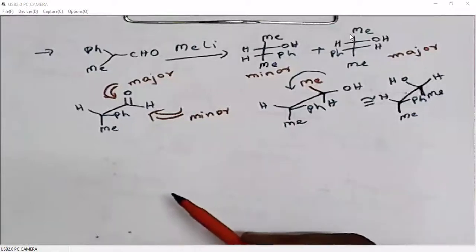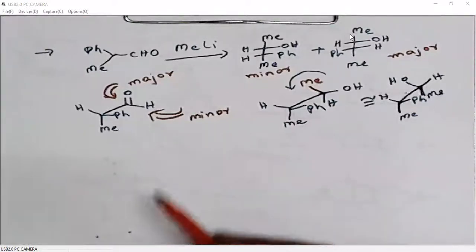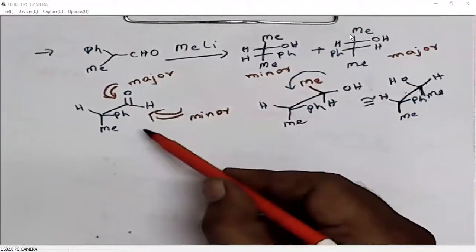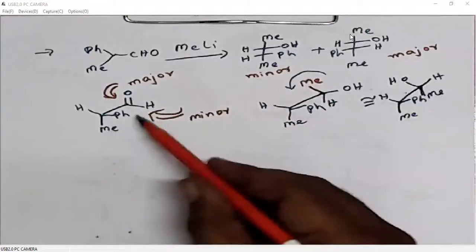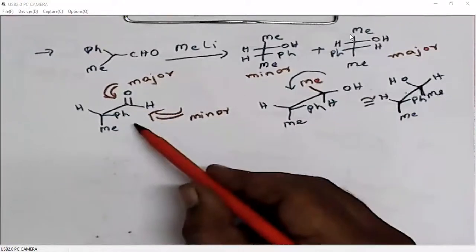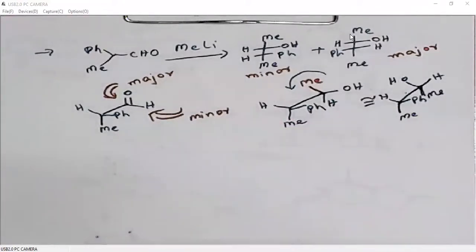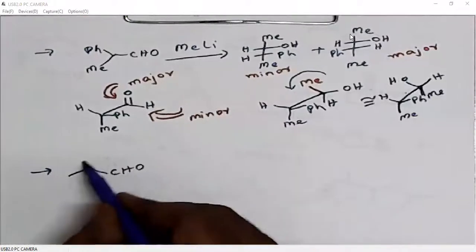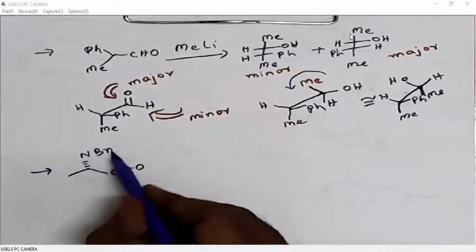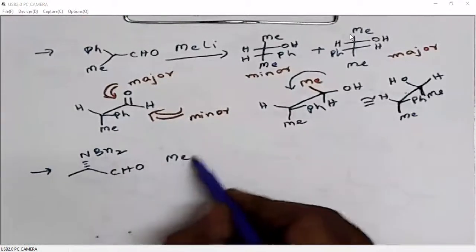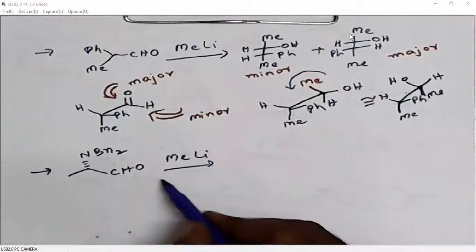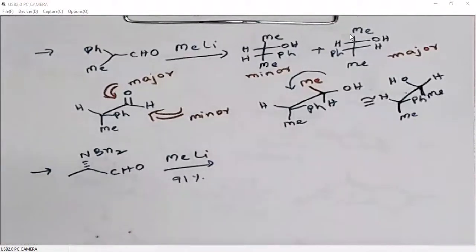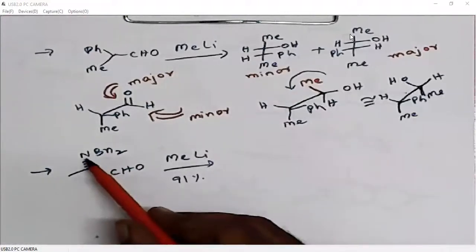Okay, the Felkin-Anh model was well explained in the previous classes, so I am not taking that. Because it is a simple example, we can directly take Cram's model and explain the stereochemistry here. For example, you can explain the stereochemistry when methyl lithium is added to this carbonyl. Take the Felkin-Anh model where we have a more electronegative atom.